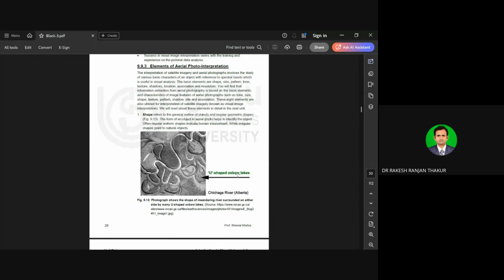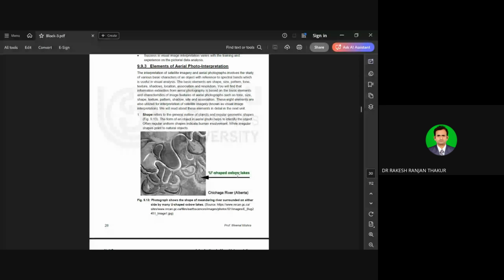Here you can see the oxbow lake, a U-shaped oxbow lake with an irregular shape. It is not possible that an oxbow lake can be a straight line. It is not a man-made feature.